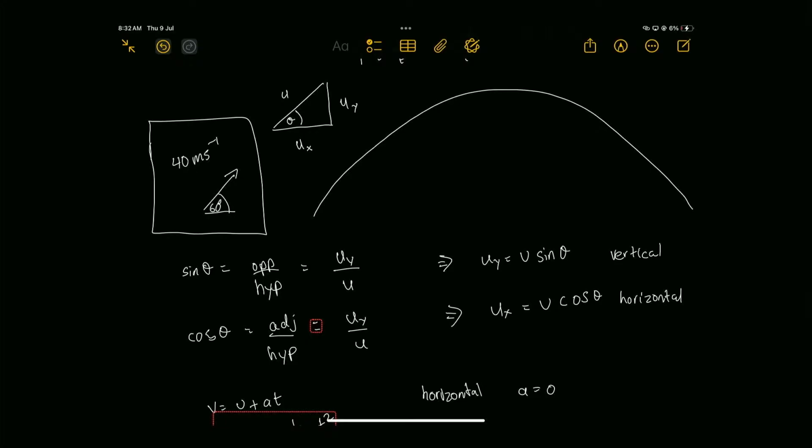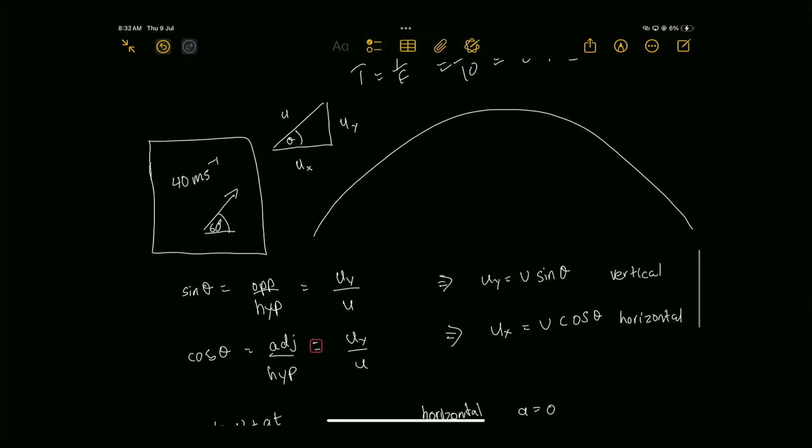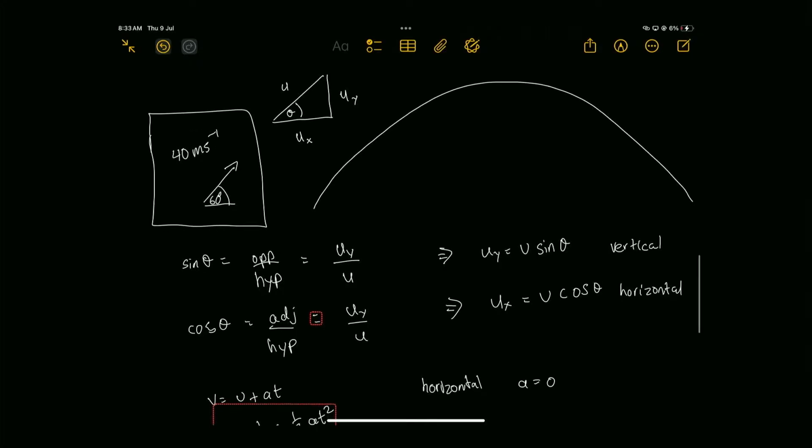So horizontally we have ux along that triangle, and vertically we have uy, so uy would be the vertical velocity. So knowing this now, we can use these separate components in separate equations of motion, one for the vertical components and one for the horizontal components.